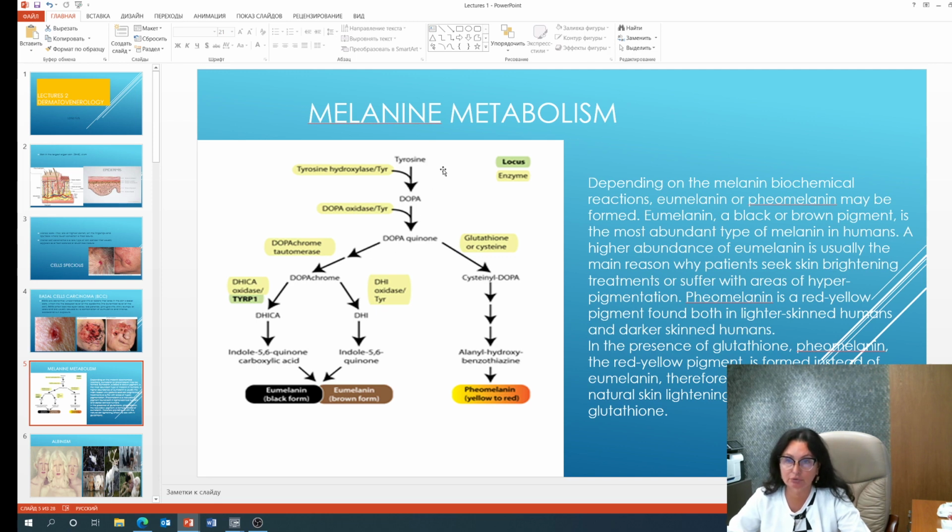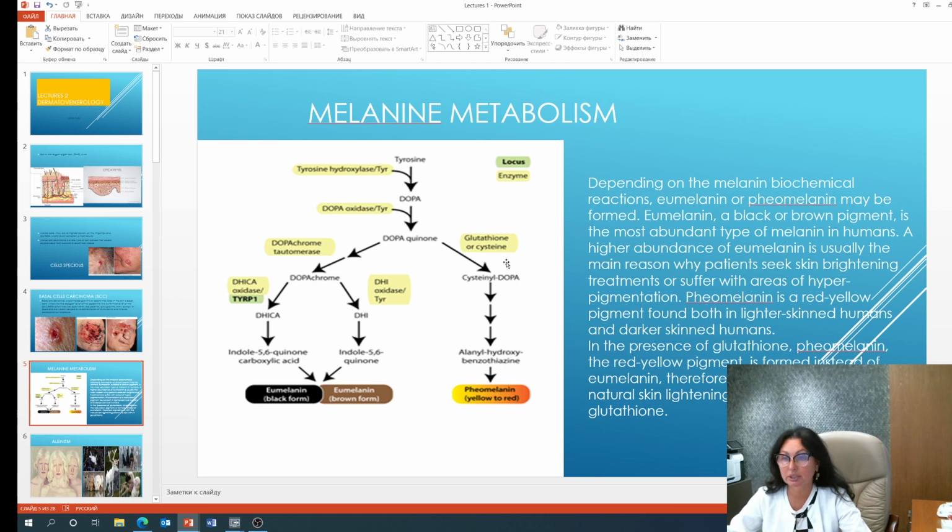Melanin production starts from the essential amino acid tyrosine, with formation of dopa, and dopa is taken by different enzymes, dopachrome tautomerase or glutathione.